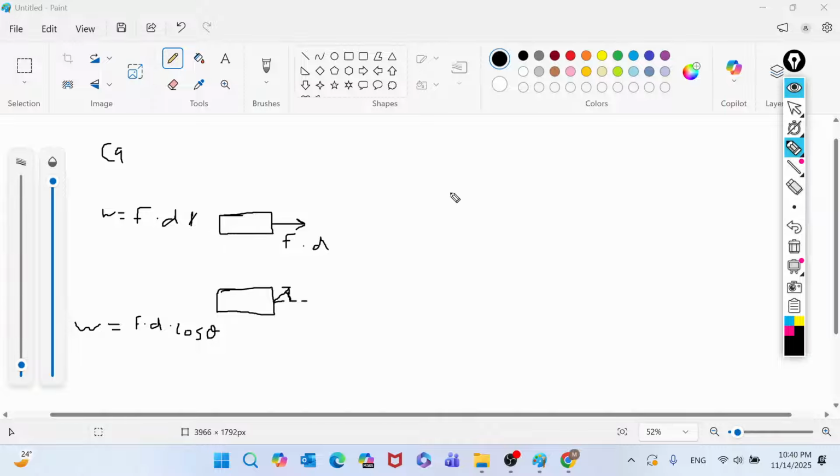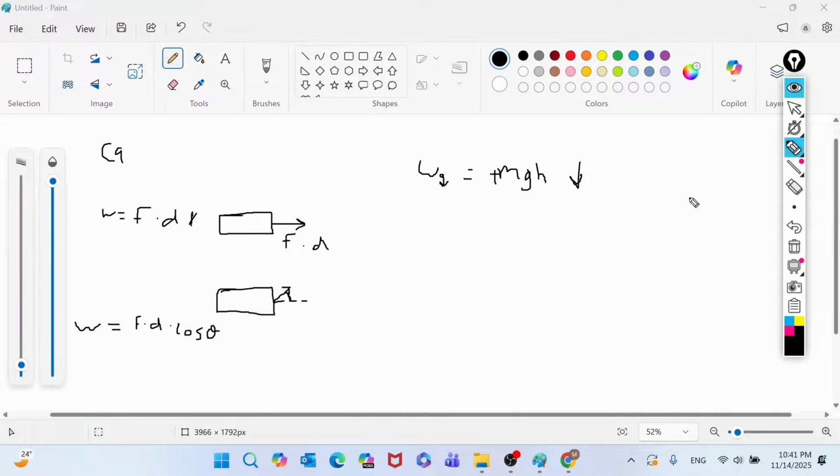Okay, now the work done by the weight, it's equal to mgh. Okay, if it's going down, it's positive.